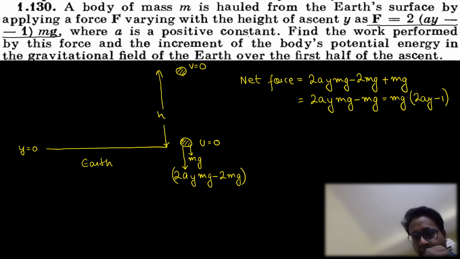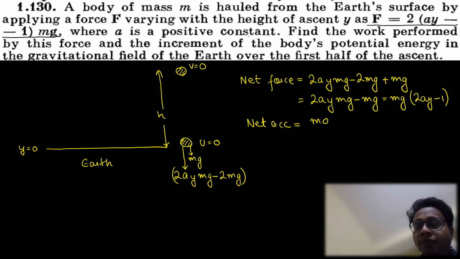So the net force acting on the body is mg(2ay minus 1). What is the net acceleration? Net acceleration is net force divided by mass, because force equals mass into acceleration.